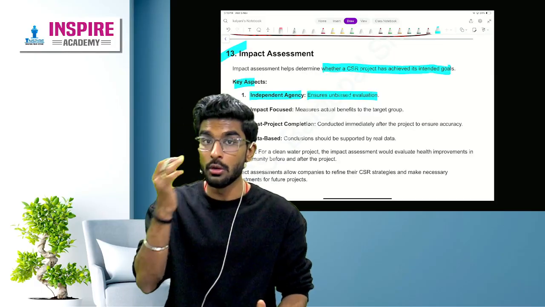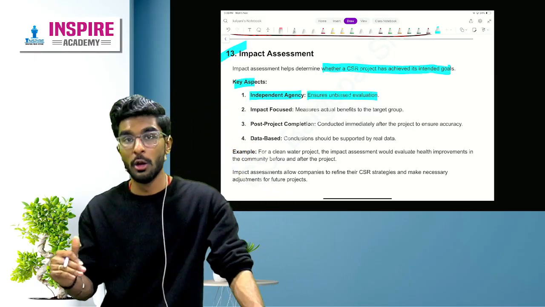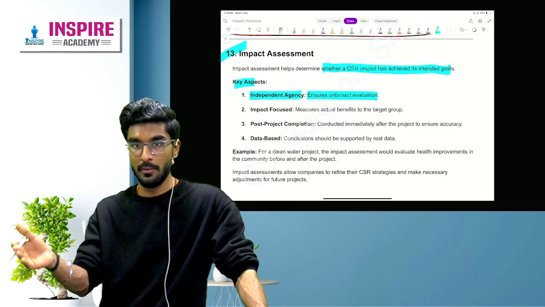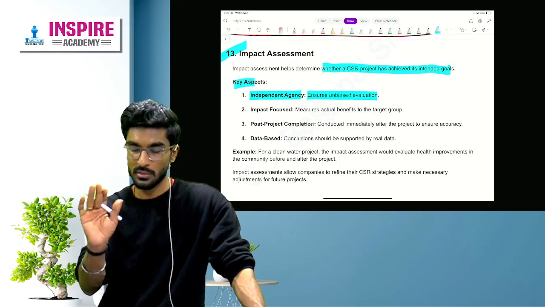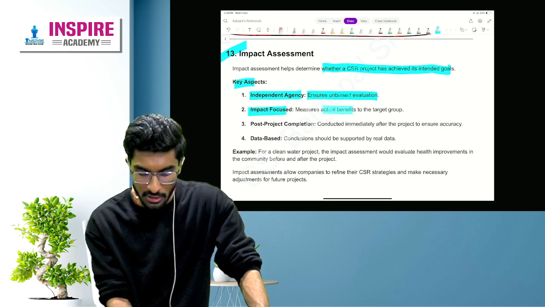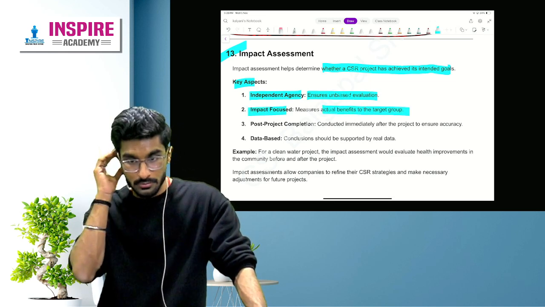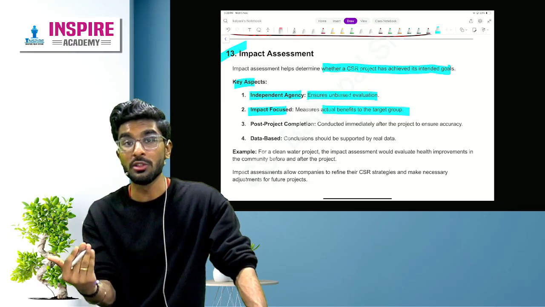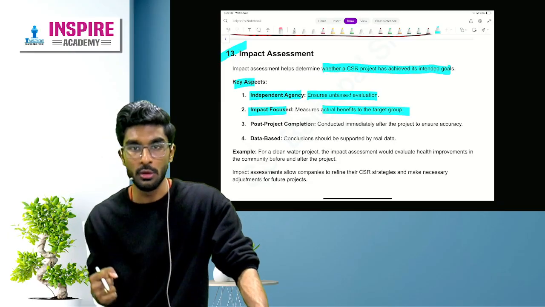So for that also you are going to appoint an external auditor to find out that this was our objective, now check whether our objectives are achieved or not. Then it is impact focused, it measures actual benefits to a target group. That means you should only take into consideration the actual benefit that you have caused.